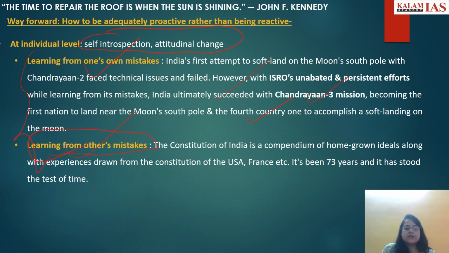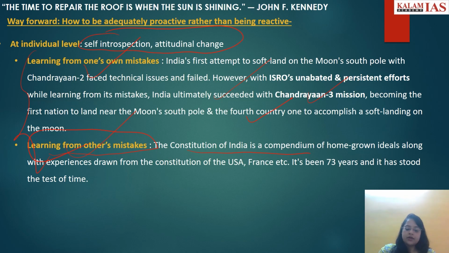Then how learning from others' mistakes will help. For example, the Constitution of India, how it has learnt from the experiences drawn from the Constitutions of the USA, France, Australia, Germany, and how we made a compendium of homegrown ideals, taking the learnings from the mistakes of other nations. And it's been 73 years now that it has stood the test of time.